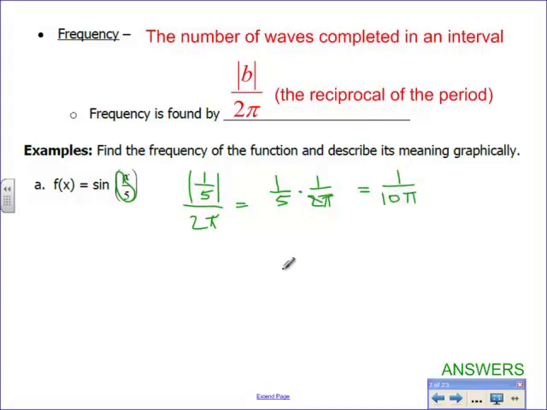This describes the number of waves in an interval. So graphically, what this means is our graph will complete one wave per 10 pi of length. Okay, so I have to go 10 pi for x before I complete one wave.